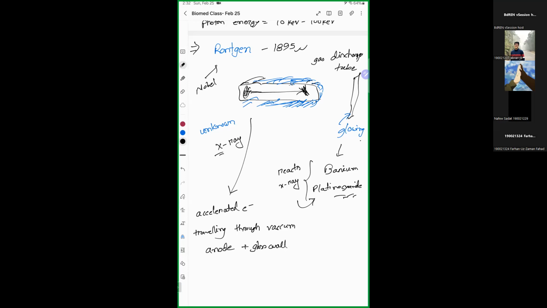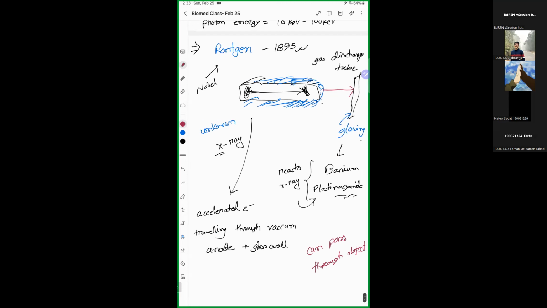Okay. So here is the catch. Normal light cannot pass through this glass wall because it was covered, but some radiation was able to move from here to there. So this idea, that something can pass through objects that our visible light cannot, attracted very much attention.